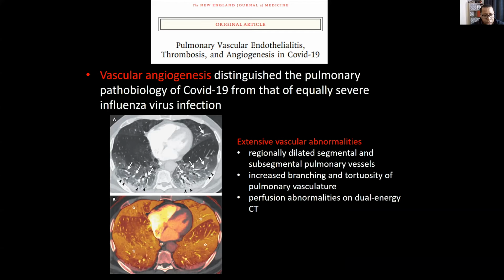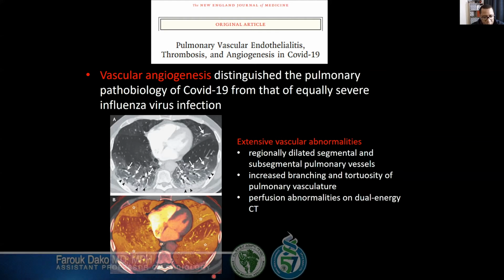So this is us showing these extensive vascular abnormalities that folks were seeing on autopsies. We're able to show it on patients by looking at the tortuosity and dilatation of the segmental and subsegmental arteries. And on the perfusion maps, we're seeing this abnormal perfusion, right?